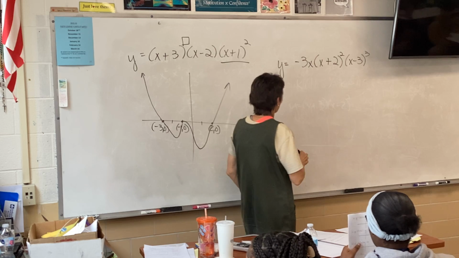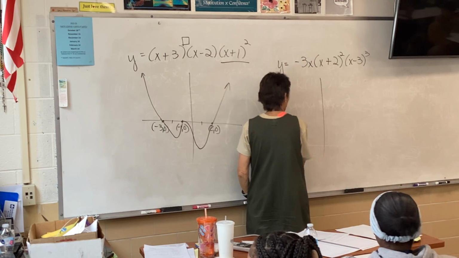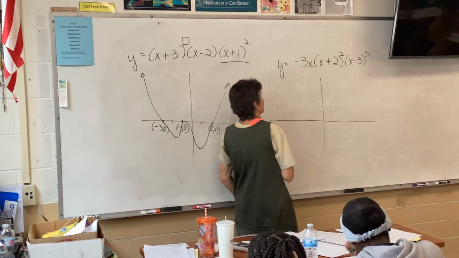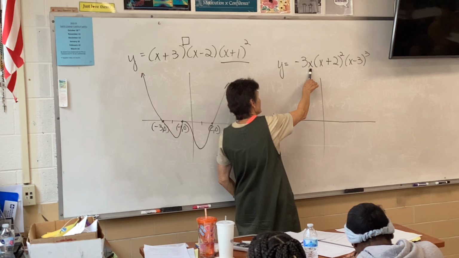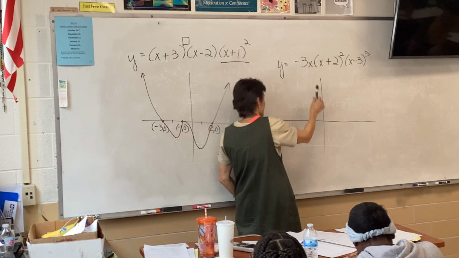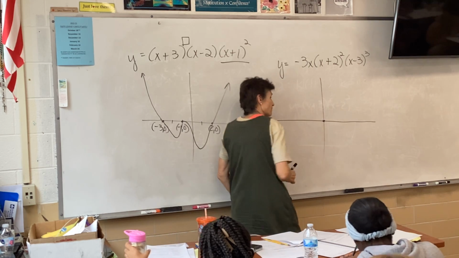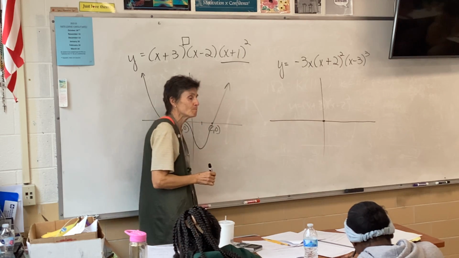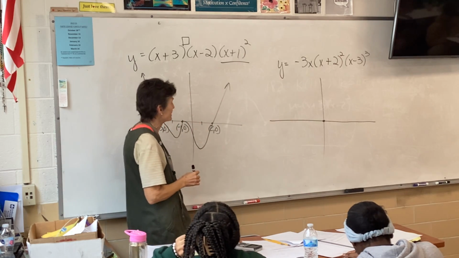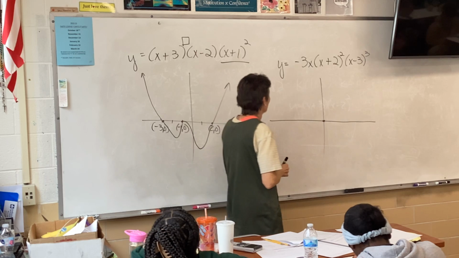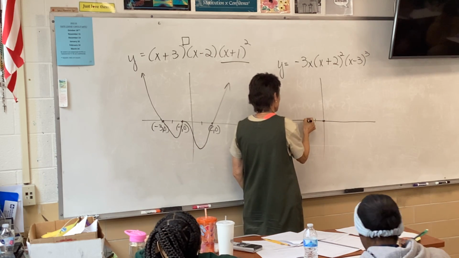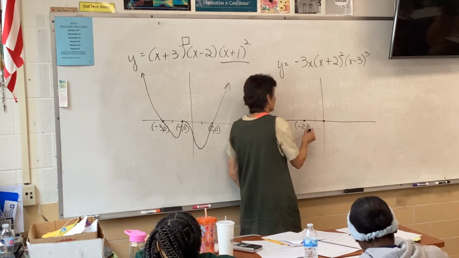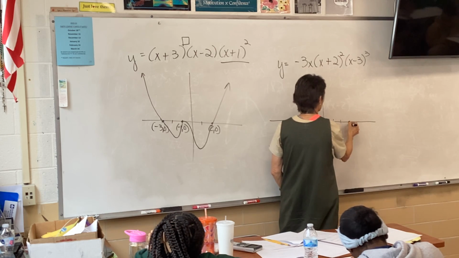Yuck. All right, where are my x-intercepts? Ooh, what do I do with this? 0, very good. If you have an x sitting there, not added or subtracted anything, it's just 0. And then you're gonna have one at -2 and one at 3.